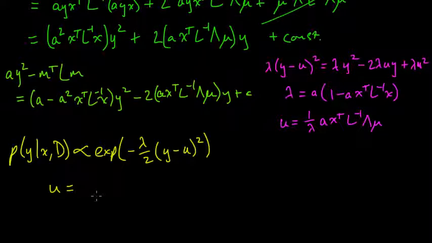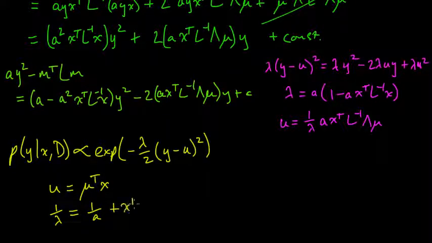U, it turns out, this thing is equal to mu transpose x. So that's a little tricky to see, but we're going to check that. And lambda, it turns out, or let's say 1 over lambda is now the variance, is 1 over a plus x transpose lambda inverse x.